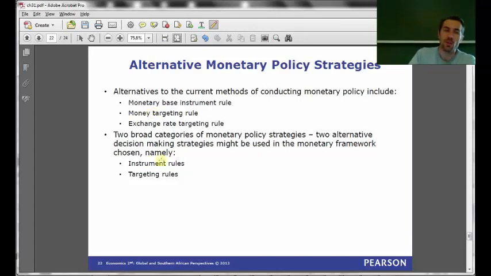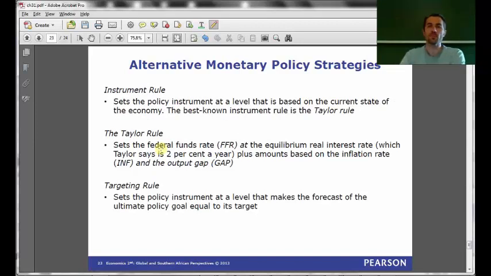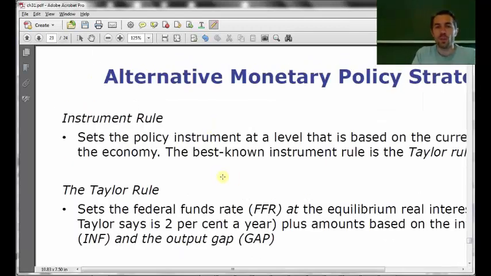And then you also have something called an instrument rule. So an instrument rule, as an example, would be something like the Taylor rule. So the Taylor rule says the instrument that we're going to use is interest rates. Okay? So it sounds kind of like inflation targeting. But the rule would look something like the interest rate.